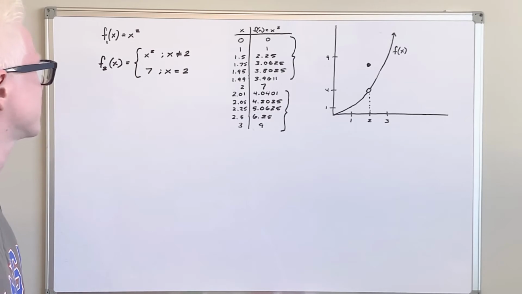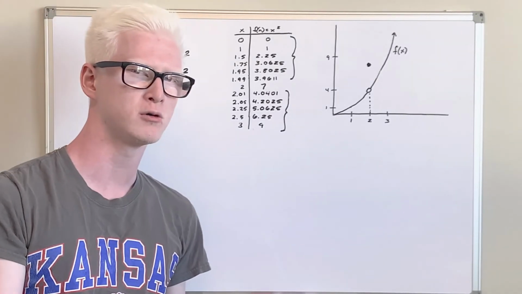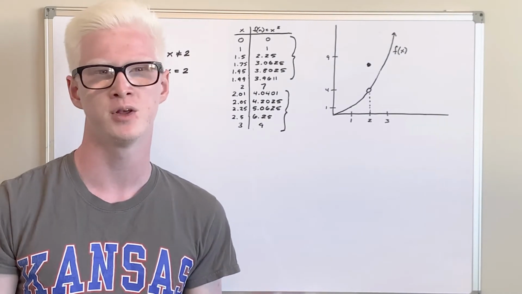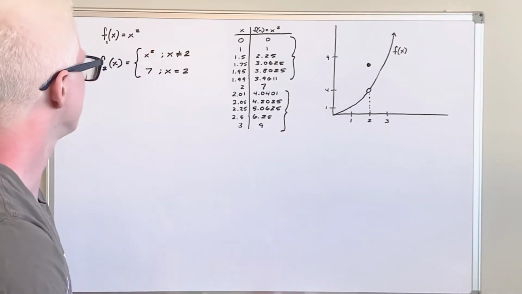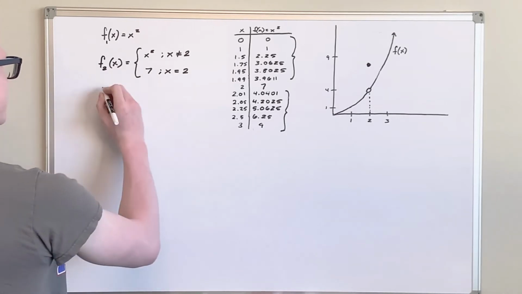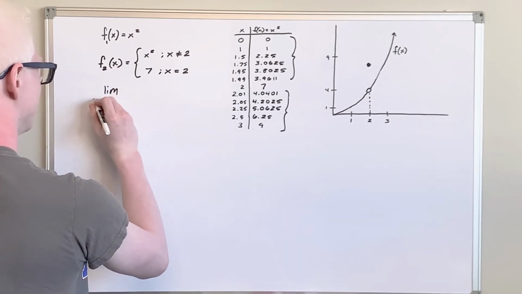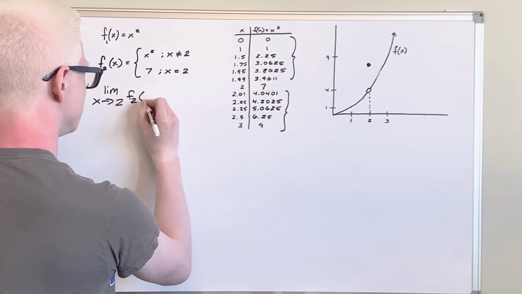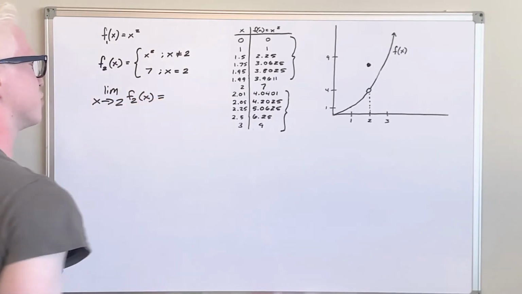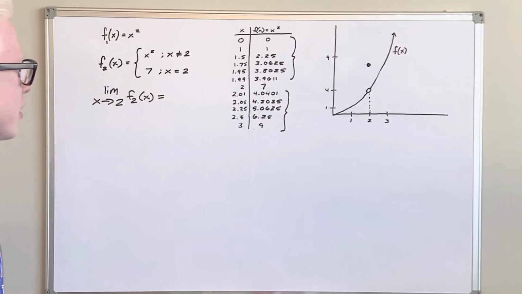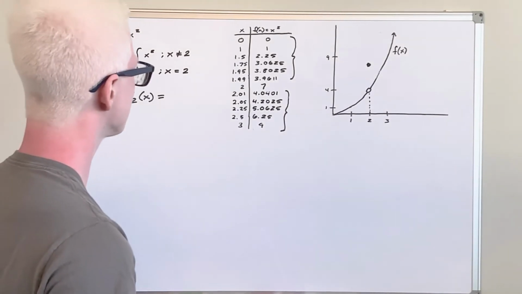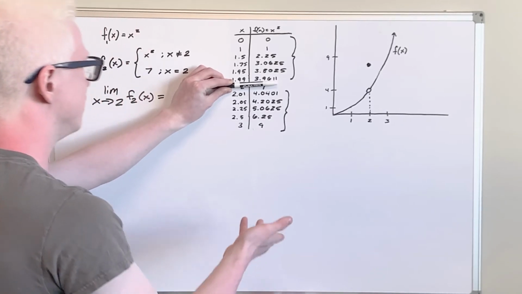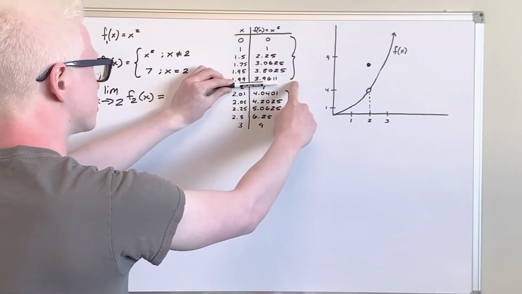But let's go ahead and ask the question anyways, what happens now to the function as we approach 2 from either side? So the way we're going to think about this when we write this as the limit as x approaches 2 of our new function f2 of x, well, what's that going to be equal to? Well, let's look at it numerically. So if we just worry about the values that are not 2, we see, well, numerically, it still approaches a certain value.